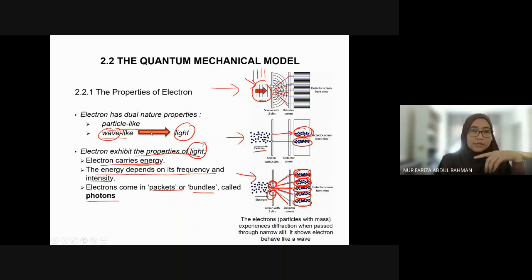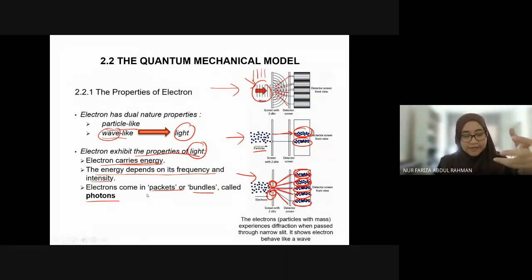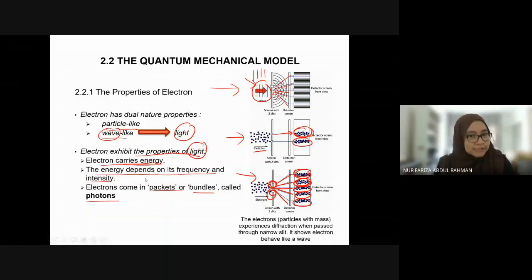We know that electron exhibits the properties of light because electron has particle properties. But it highlights light properties here because it has these abilities. So we have to highlight both of them, particle-like and wave-like. So this will be the de Broglie hypothesis. Make sure you know which is the hypothesis itself and which is the explanation of the hypothesis.